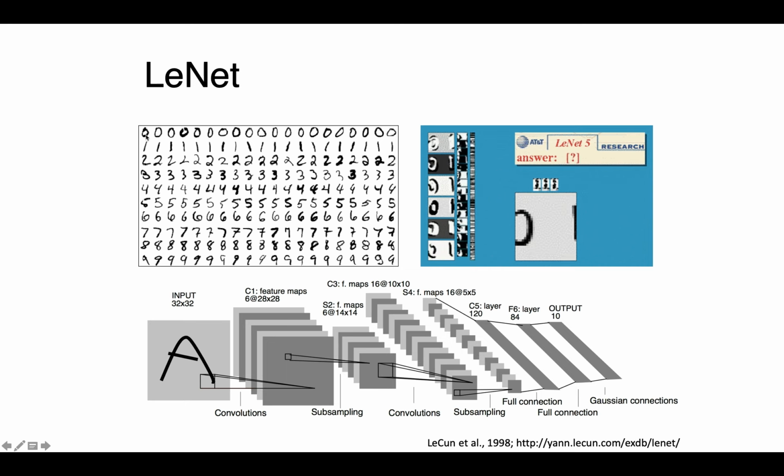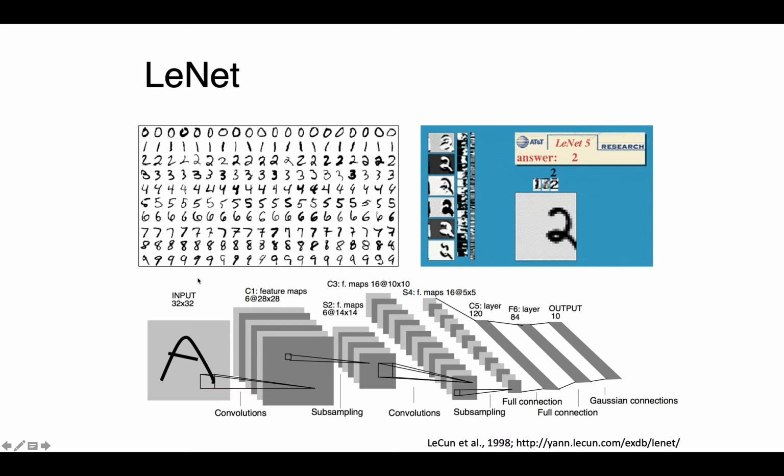The handwritten numbers are 0, 1, 2, 3, 4 to 9. So it's an image recognition problem. Given a number image, you have to predict what number it is. So it's a 10-class classification problem.